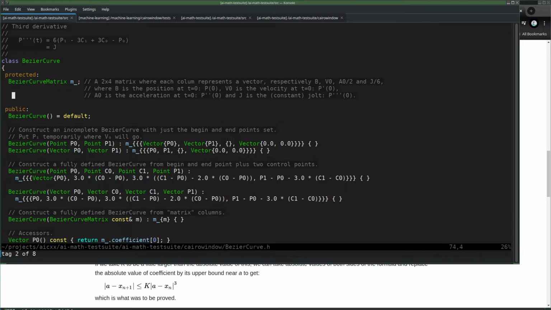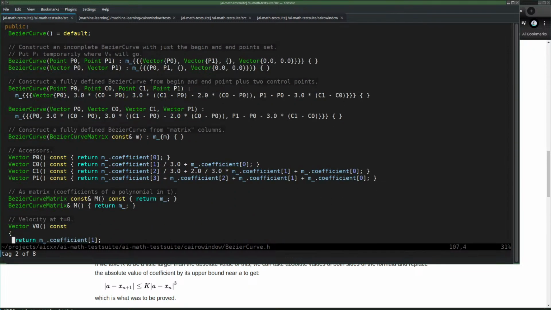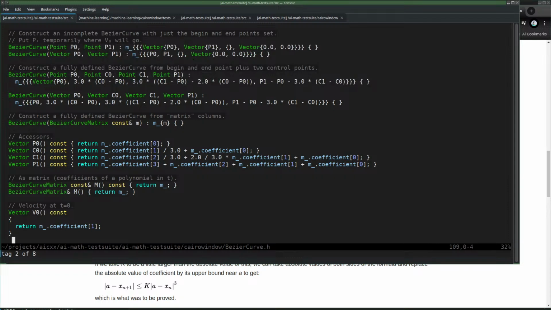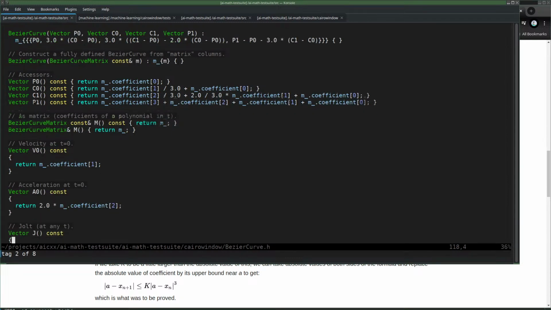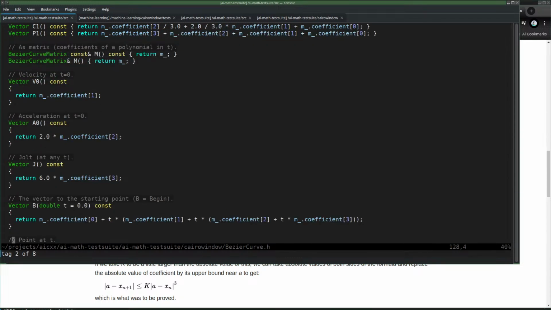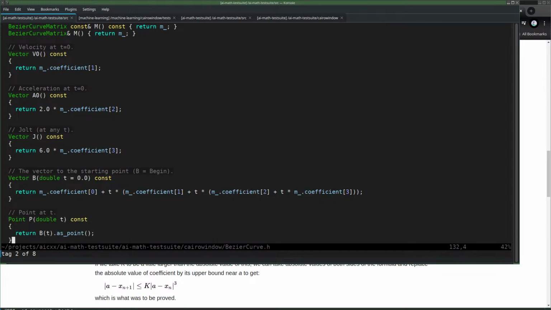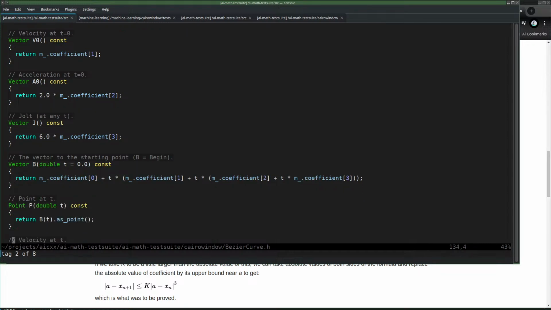We can look at that. You can just call B. That's still a vector though.